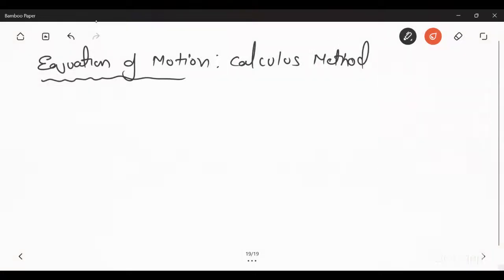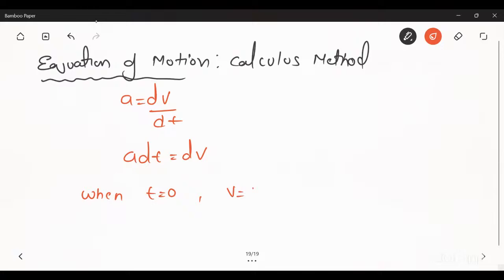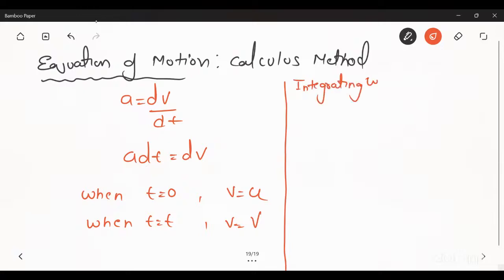So first, for the equation of motion, we know that acceleration is equal to change in velocity upon time, so a dt is equal to dv. When time is equal to 0, the speed will be its initial speed u. When t is equal to t, its speed will be the final speed v. So I am integrating within the limits of t and v.